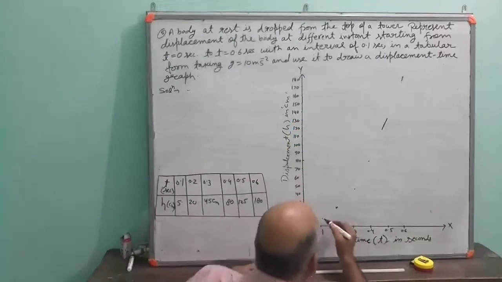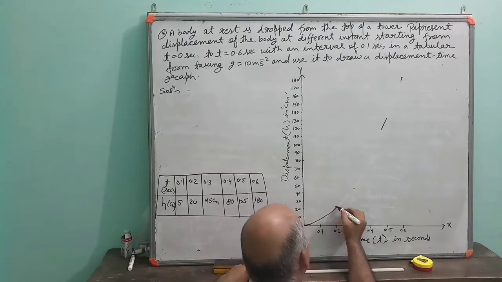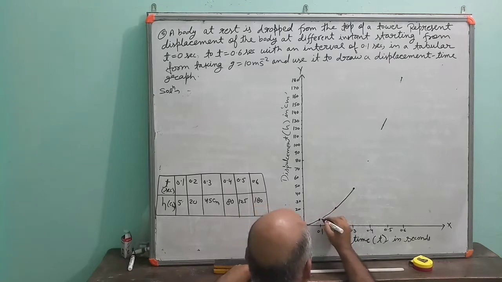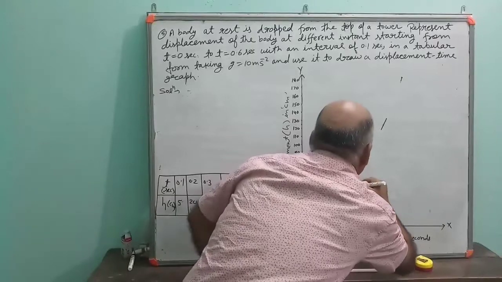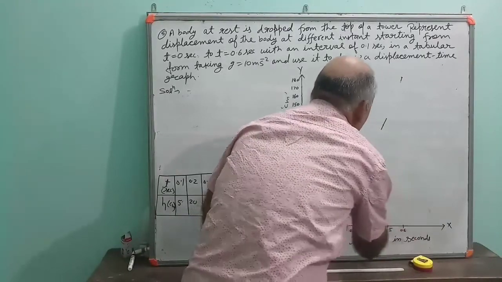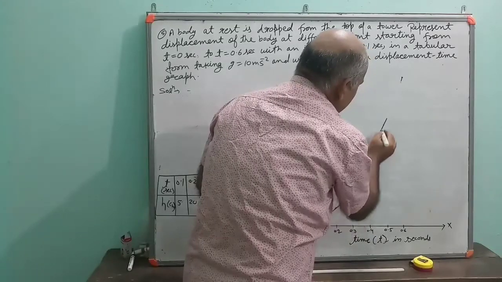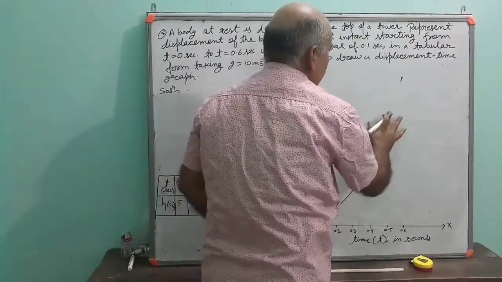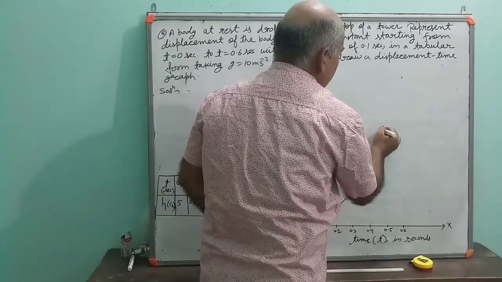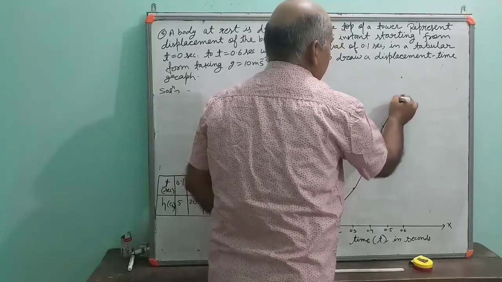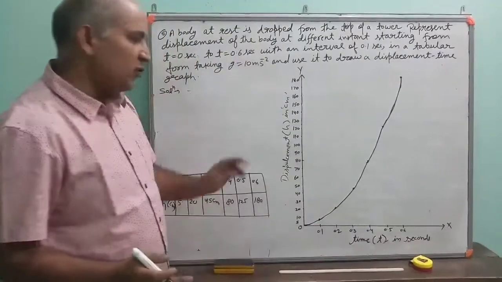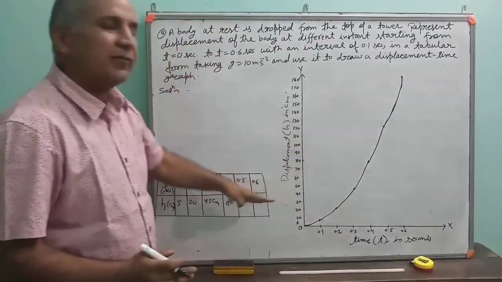See children, if you join it, so children, when you plot the graph, you will find a curve graph here.